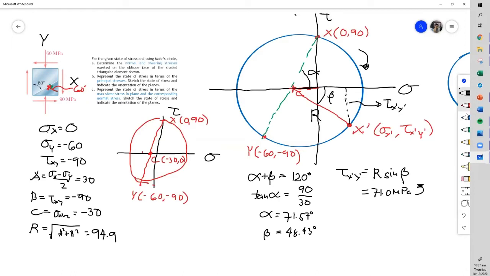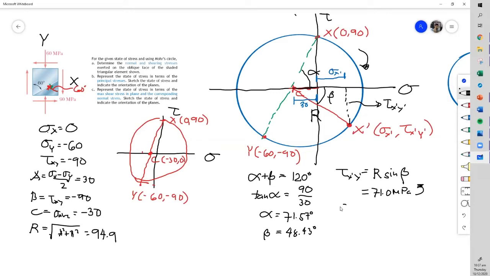Okay? Now, how about sigma x prime? Nasaan ba si sigma x prime? Sigma x prime is actually from here pupunta dito. That's your sigma x prime. Now, what is this distance ba? From here towards this axis. That is 30. Kasi nga, C is at 30. So, ano ba tong total? Yung 30 plus sigma x prime.